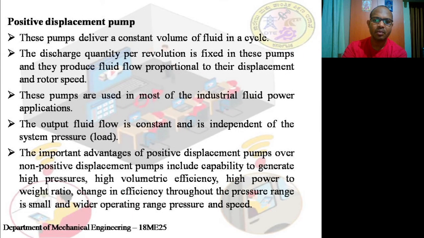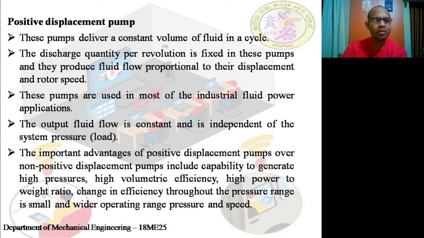So let us talk about the positive displacement pumps. These pumps deliver a constant volume of fluid in a cycle. The discharge quantity per revolution, that means the amount of fluid discharged per one revolution, is fixed in these pumps, and they produce fluid flow proportional to the displacement and the rotor speed.